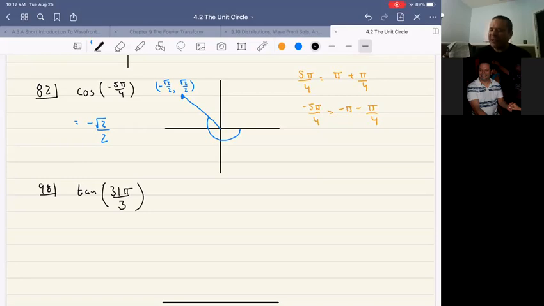I'm going to do this the same way I just did the last one. I'm going to say that 31 pi over 3 equals, I can simplify this to 30 pi over 3 plus pi over 3. Now 30 pi over 3, that's just going to be 10 pi, right?